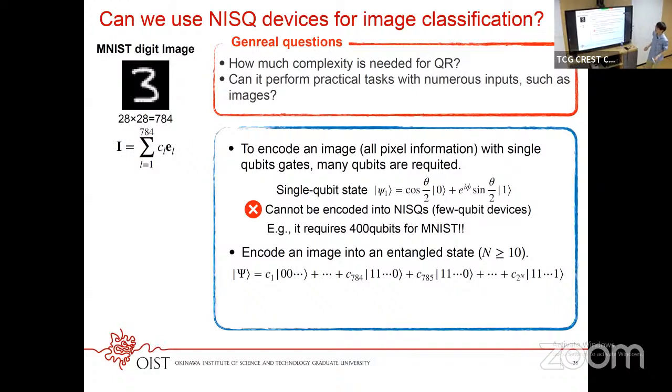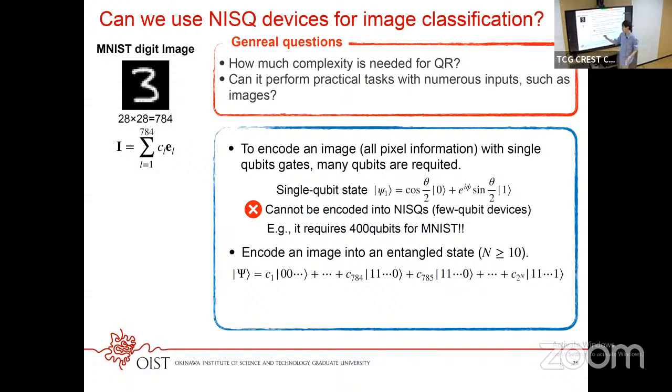But how about the entangled state? It might be possible to encode all the pixel information using an entangled state like this one. Generally quantum states can be represented like this. For example, n is over 10.